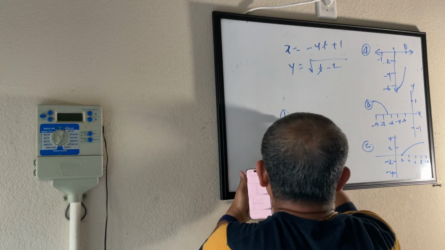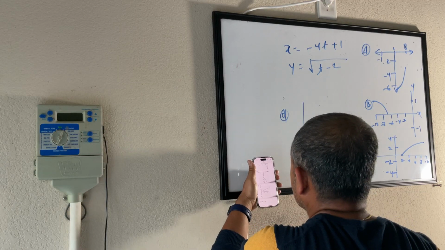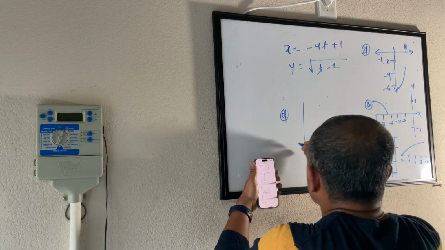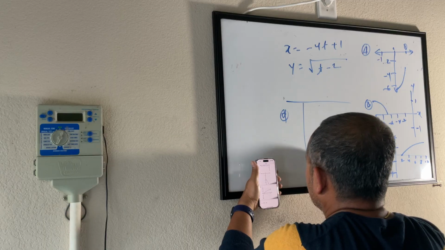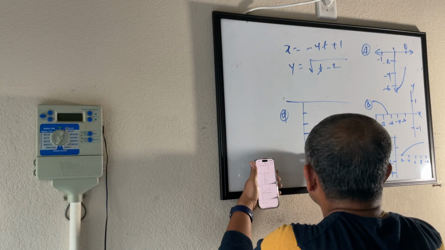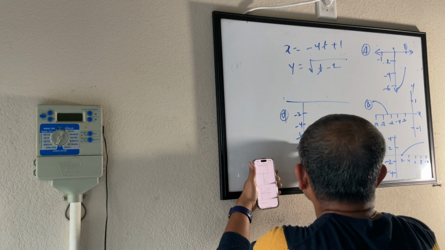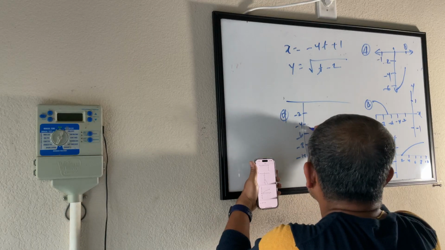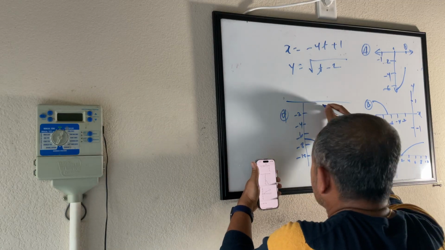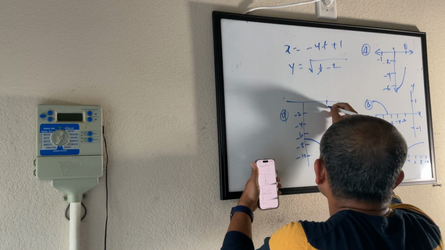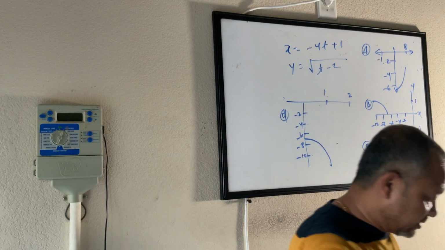And the fourth option is here. 2, 4, 6, 8, 10, minus 2, minus 4, minus 6, minus 8, minus 10, and it starts from here, goes here. And this is 1, this is 2. Okay, so thanks to my drawing skill.